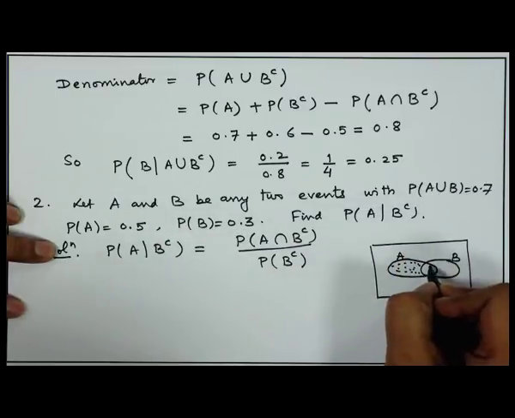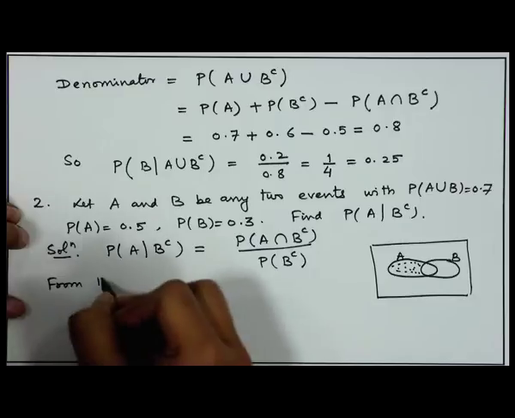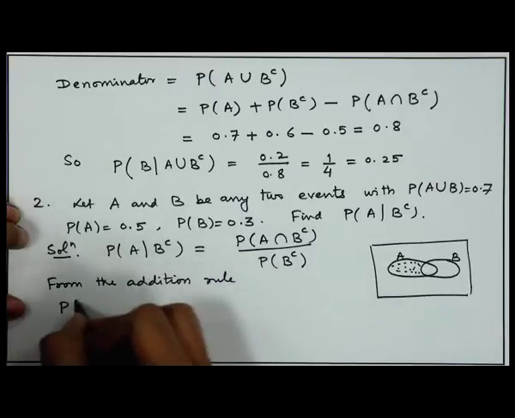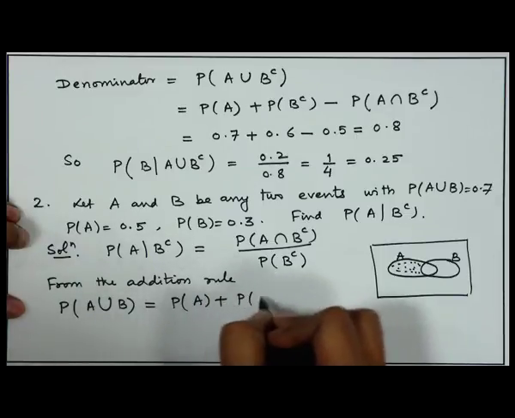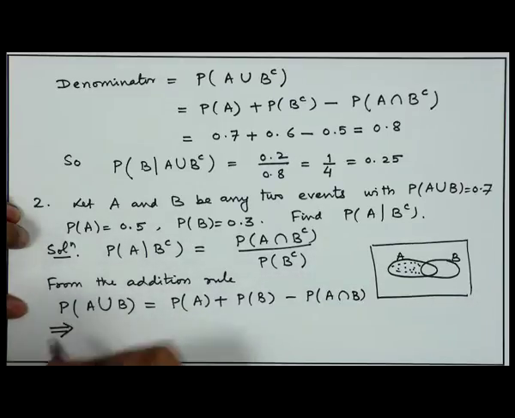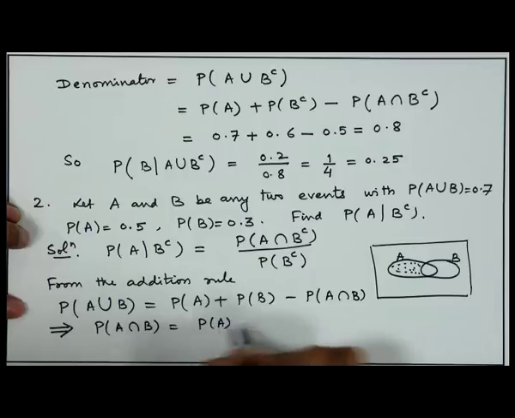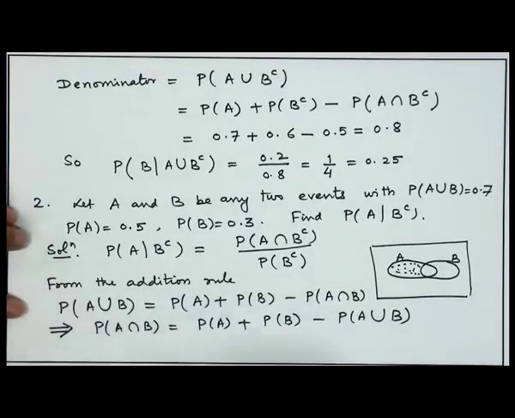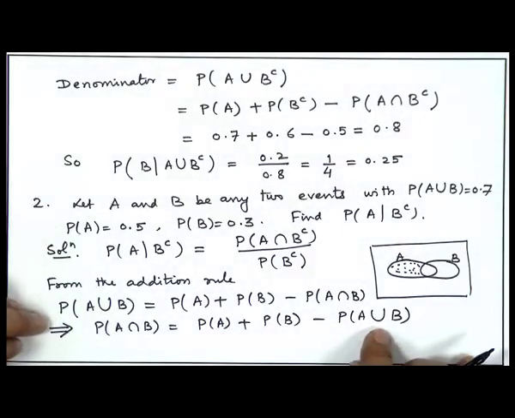So, if we can look at A intersection B, we can calculate it from the addition rule: probability of A union B is equal to probability of A plus probability of B minus probability of A intersection B. So, that gives us probability of A intersection B is equal to probability of A plus probability of B minus probability of A union B. I have written this form because the values of probability of A, B and A union B are available to us.